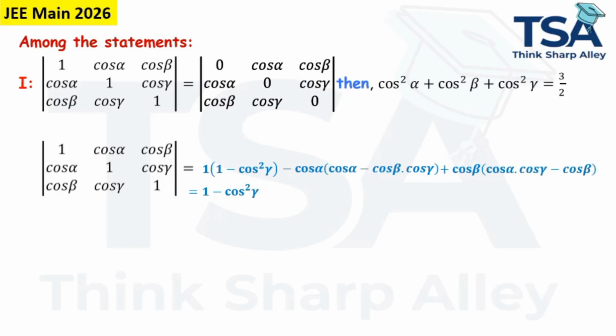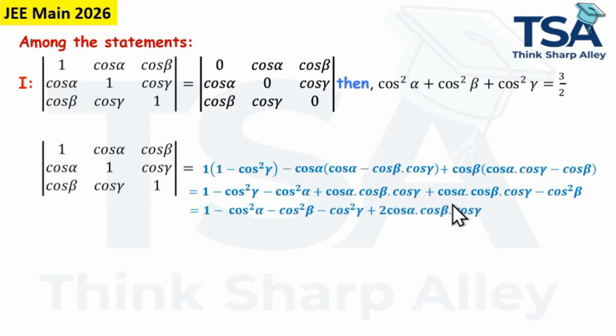Now cos alpha being multiplied, take care of the minus sign. So we have minus cos square alpha plus cos alpha cos beta cos gamma, and the last term gives us cos alpha cos beta cos gamma minus cos square beta. So only the middle 2 terms get added. So we get 1 minus cos square alpha minus cos square beta minus cos square gamma plus 2 cos alpha cos beta cos gamma.